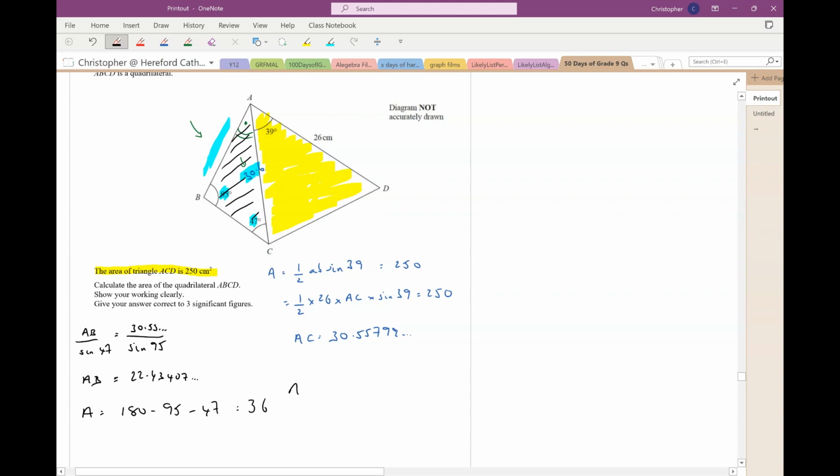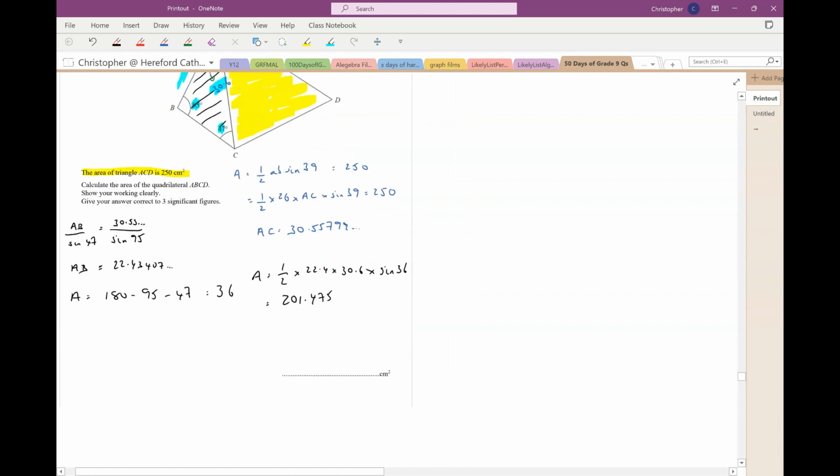So the area of that triangle is going to be a half times AB, 22.4, times AC, 30.6, but I'll use the whole number, times sine 36. So I've got 0.5 times 22.43407 times 30.55799 times sine 36, which gives me an area of 201.475.